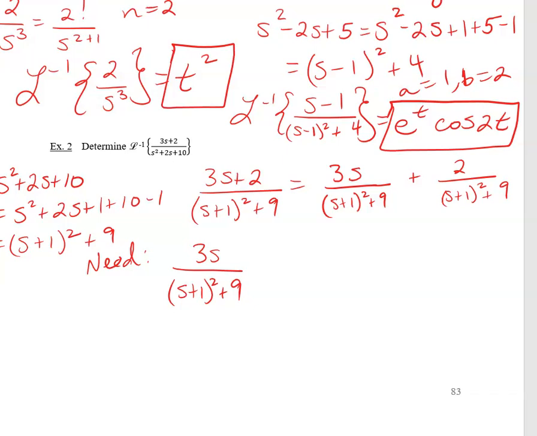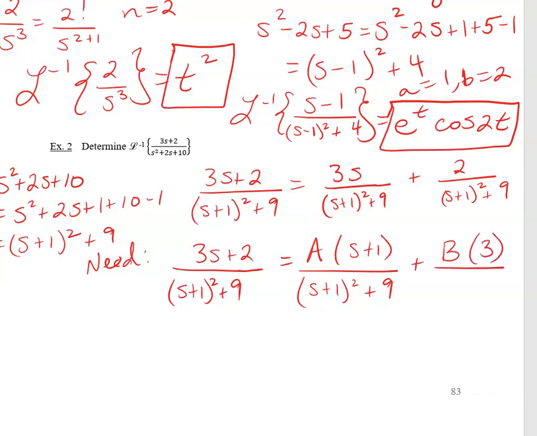Let's do it this way. Let's do 3s plus 2. Let me write the whole thing. Equals, we need this to be something, I'm going to call it a, times s plus 1. That would be what the first term needs to turn into. The second term needs to turn into a 3. So I'm going to call it b times 3.